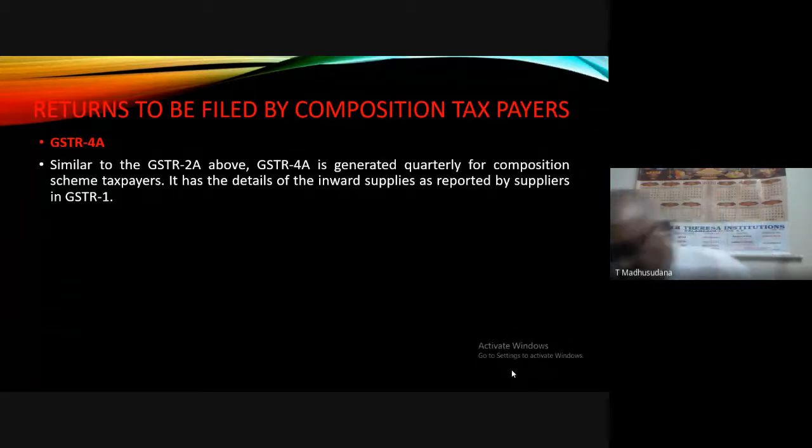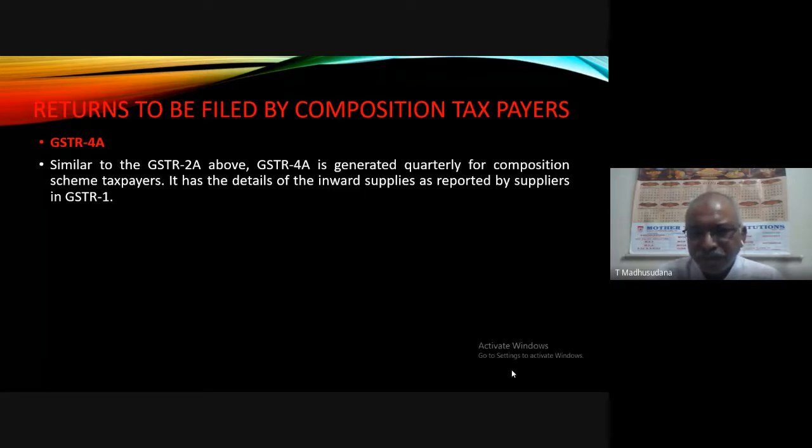Similar to the GSTR 2A above, GSTR 4A is generated quarterly for composition scheme taxpayers. That means, in case of normal taxpayers, GSTR 2 will be submitted, and in the same manner for composition taxpayers, GSTR 4A is generated quarterly.